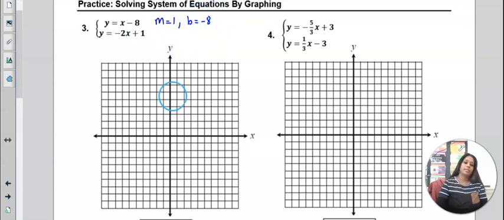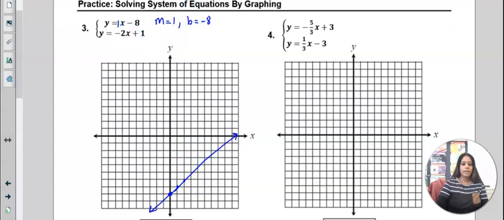Remember that the y-intercept is always my starting point, so it's at -8. 1, 2, 3, 4, 5, 6, 7, 8. Right there. And the slope is 1 because it's the number in front. So it's up 1 over 1, up 1 over 1, and so on. So that line right there. The line doesn't look that great, but.